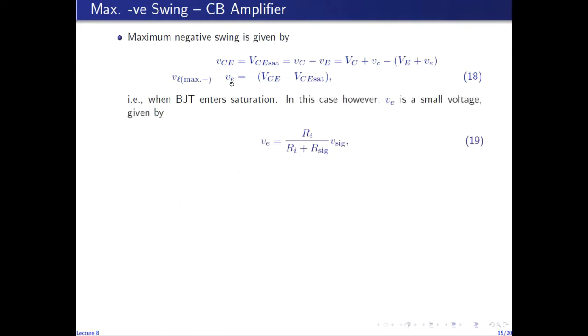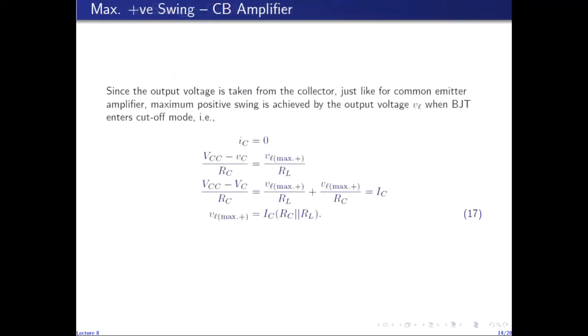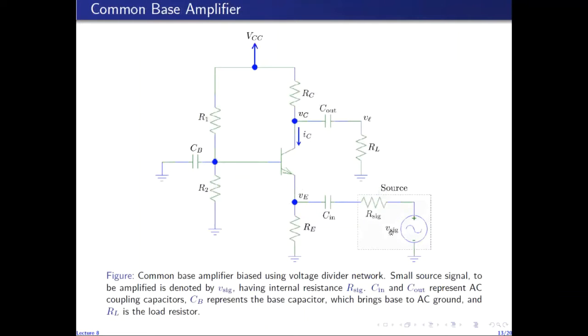However, in this case, we note that small VE, which is the small signal AC component of the emitter voltage, is given by a fraction of V sig, where Ri is the input resistance of the common base amplifier seen looking into the emitter. So if we go back to the circuit, we've already seen the AC equivalent circuit of the common base amplifier in which we short circuit Cin.